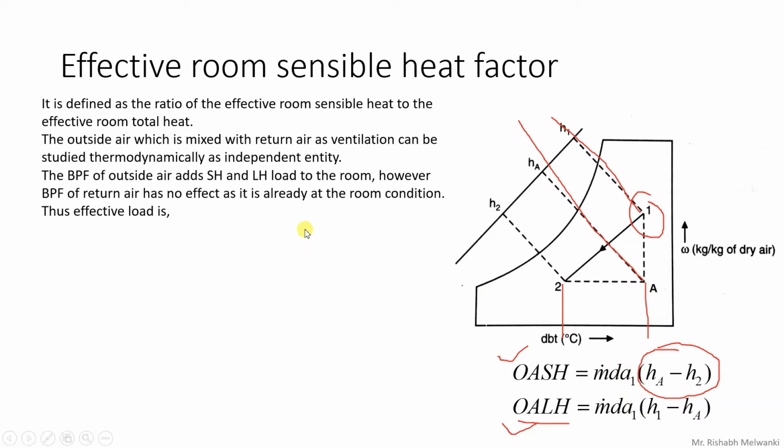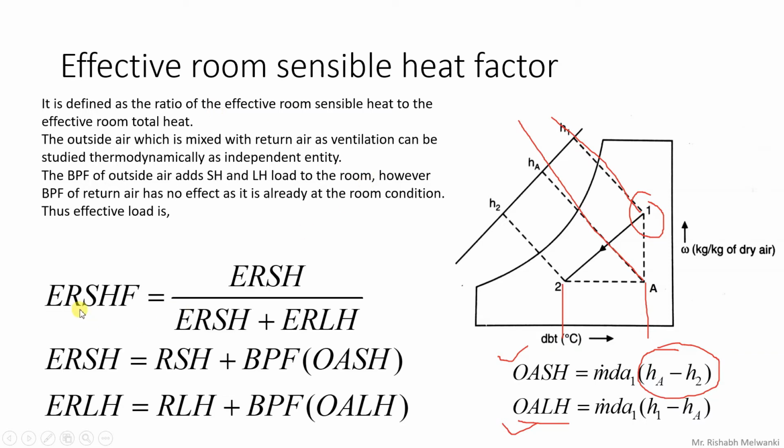So now we will see the equation of effective room sensible heat factor. Effective room sensible heat factor is ERSH, effective room sensible heat, upon effective room sensible heat plus effective room latent heat. Now what is effective room sensible heat? It will be room sensible heat plus bypass factor into outside air sensible heat.